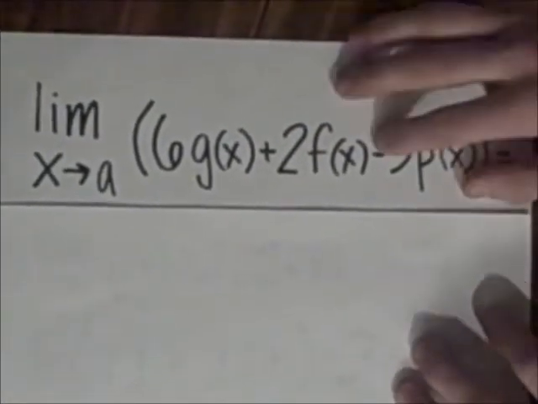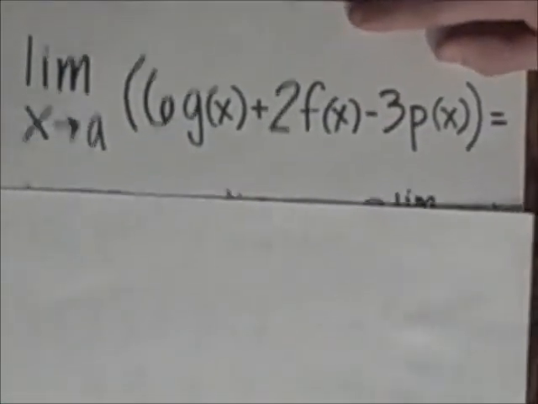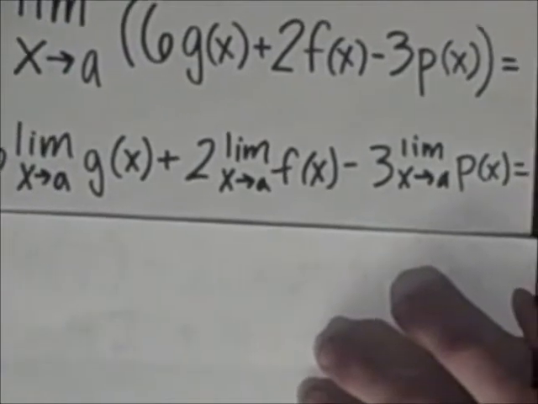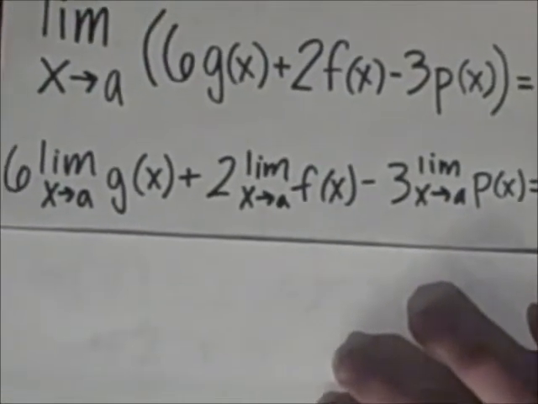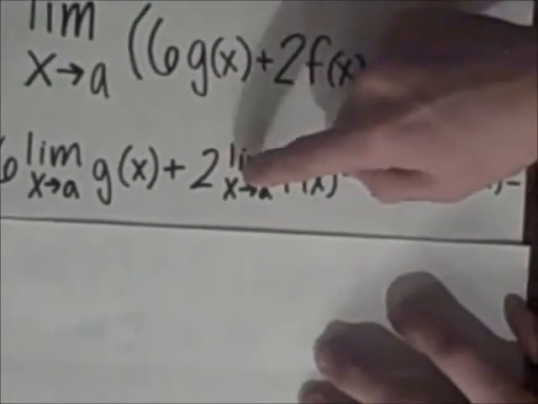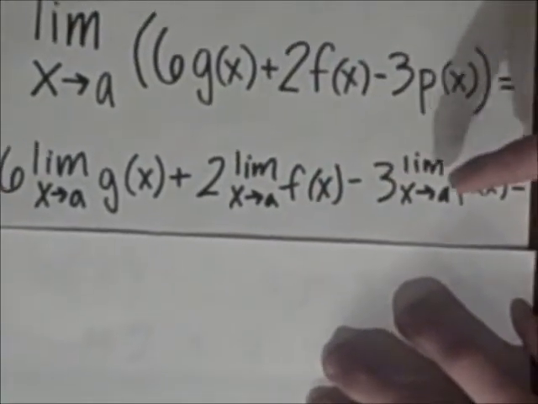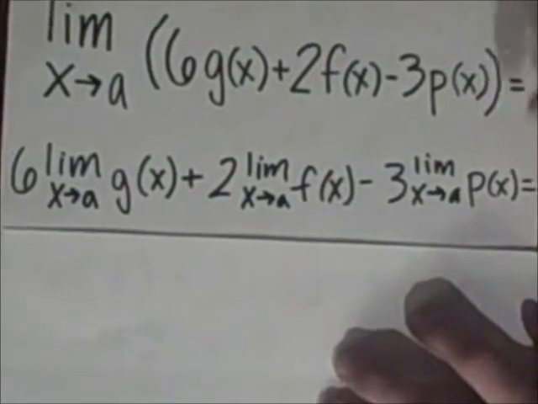And this equals, using the properties of limits, 6 times the limit as x approaches a of g of x, plus 2 times the limit as x approaches a of f of x, minus 3 times the limit as x approaches a of p of x.